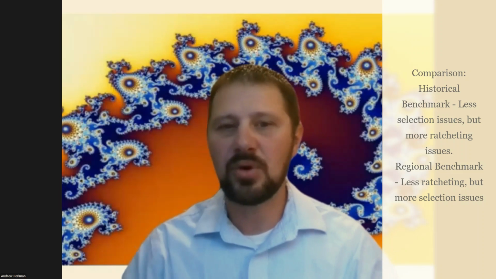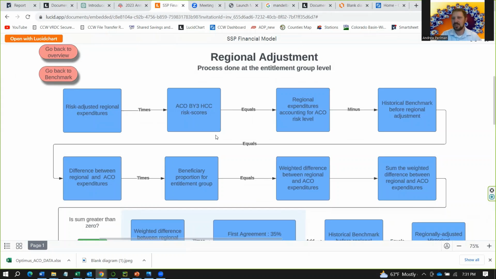So that's a really important thing to understand. And in the 2024 rules, some of this is being addressed. And I think there's a continual effort to tweak the MSSP rules to try to hit that sweet spot in the middle of accepting some of the challenges of these benchmarking approaches and offsetting them. So how does CMS actually do this adjustment?